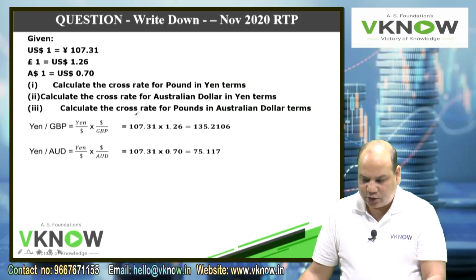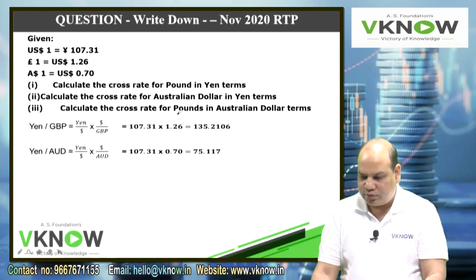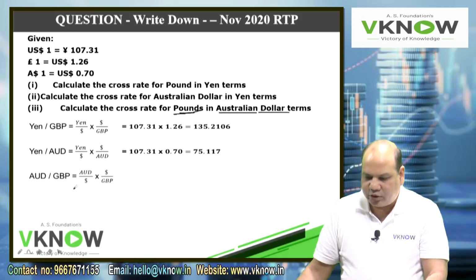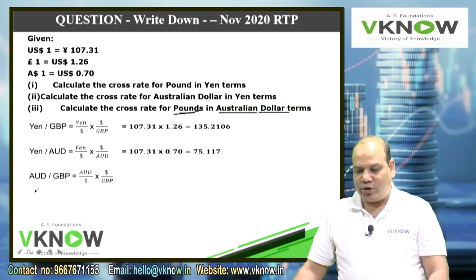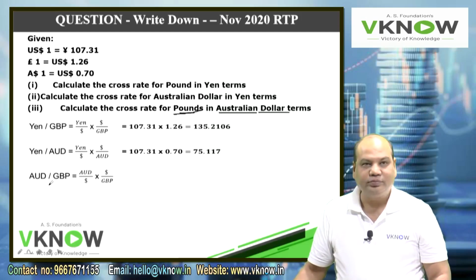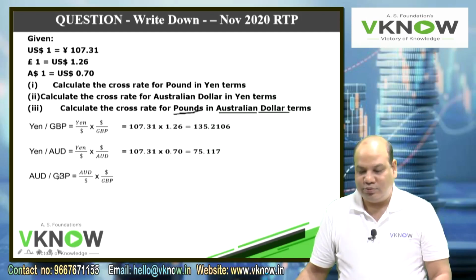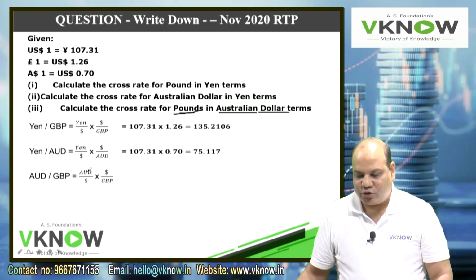What is the third one? Calculate the cross rate for pound in Australian dollar terms. So now you write down Australian dollar per GBP equal to Australian dollar per US dollar.